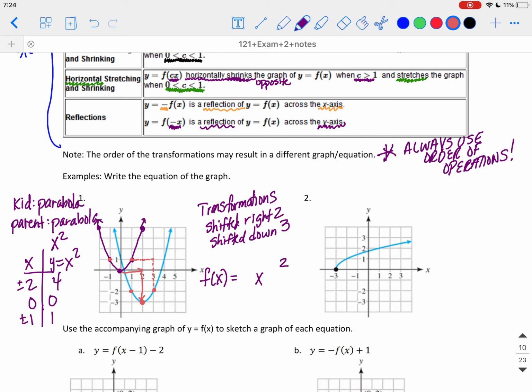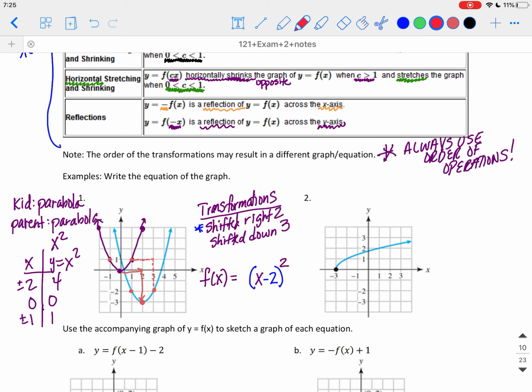The squared is not a transformation. The squared is where the kid is coming from. So shifted to the right 2 units means that I need to put the x inside parentheses, not the squared, and to the right 2 means a minus 2.